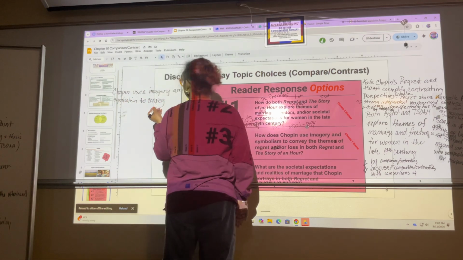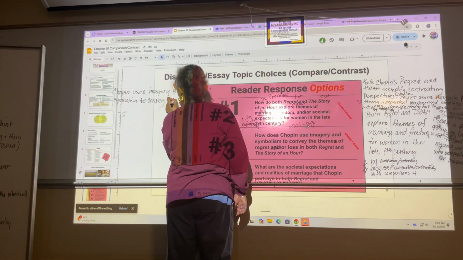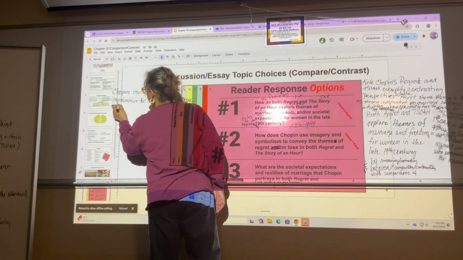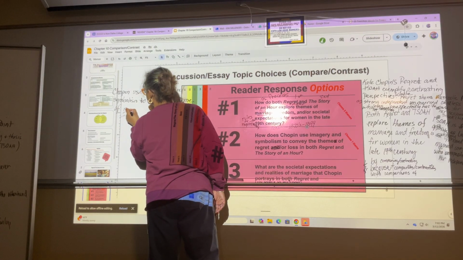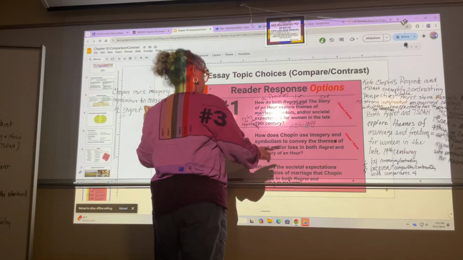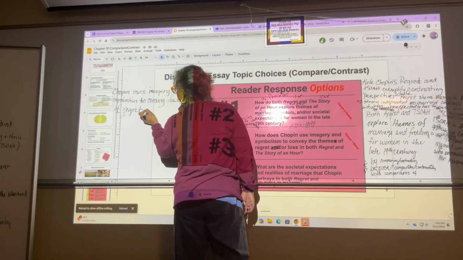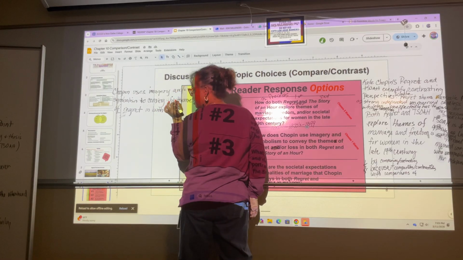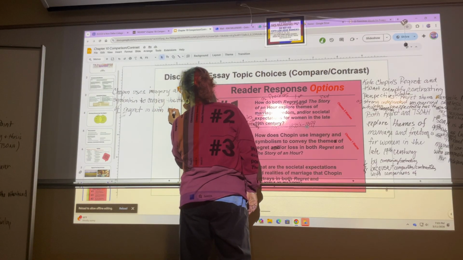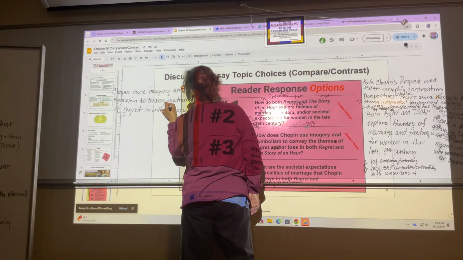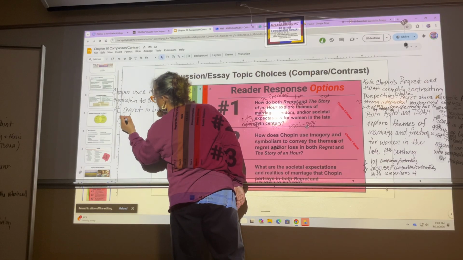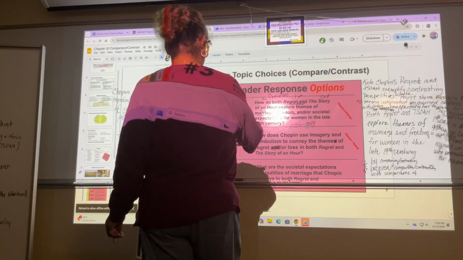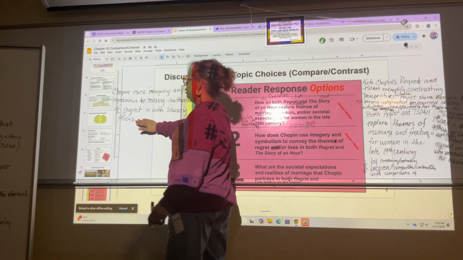Convey the theme of regret in both. And look, because we've already given the names earlier, literary pieces. Regret in both literary pieces.